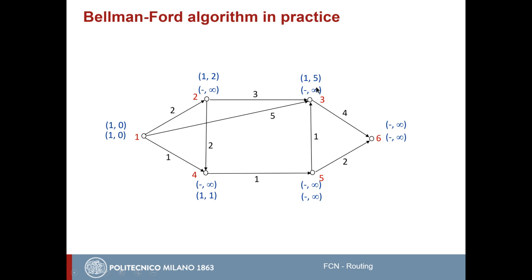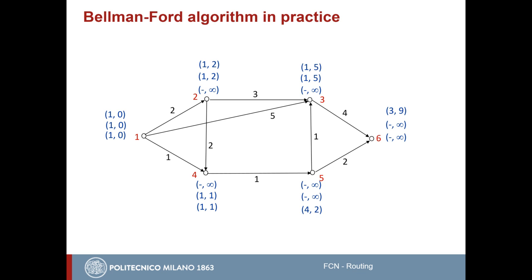Since we updated all these 3 distances considering the distance of node 1, node 1 is in all 3 cases the previous node. So we write 1 here in the first position.